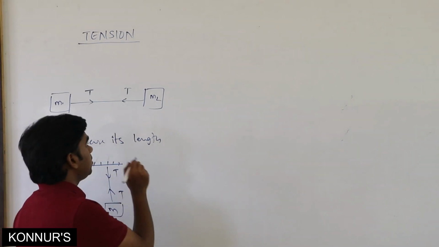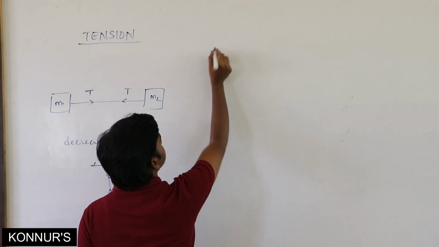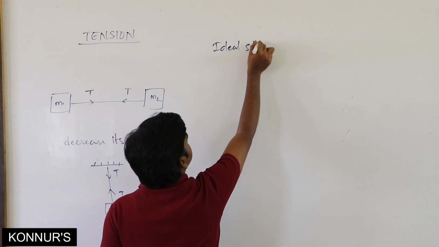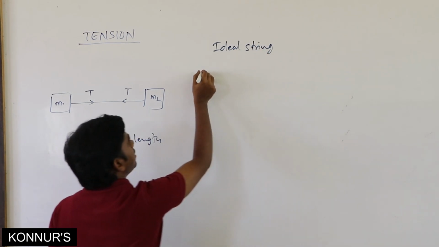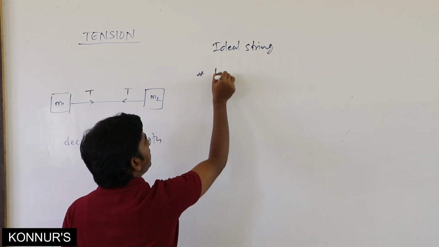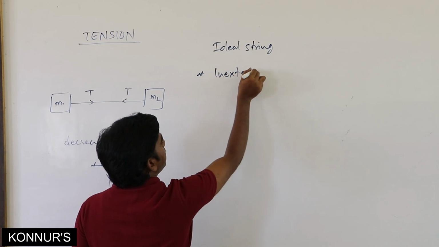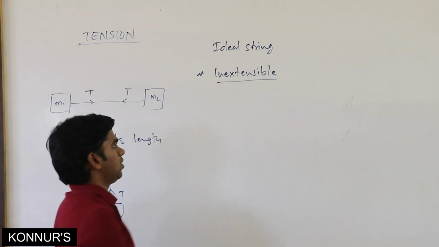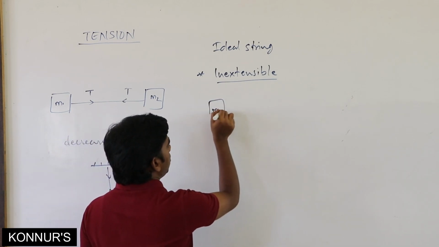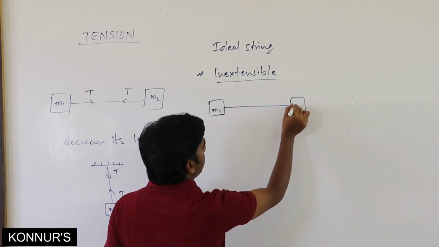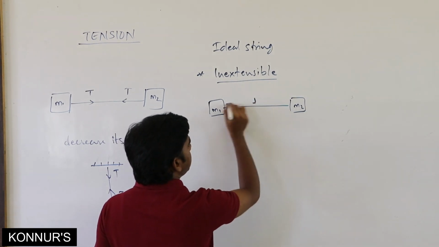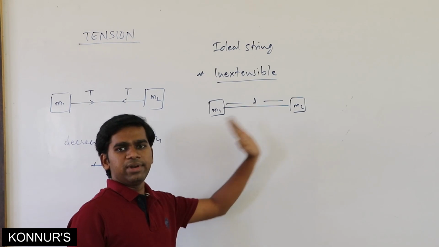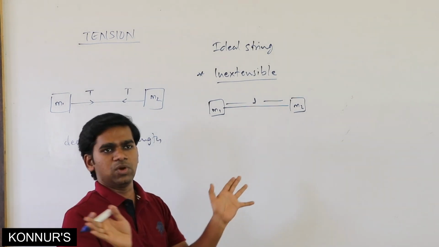To solve problems on tension, we have to consider an ideal string. An ideal string has a property: it should be inextensible. What does inextensible mean? Suppose you connect two bodies M1 and M2 and the length of the string is L. Inextensible means that whatever force acts on M1 and M2, the length of the string does not change.